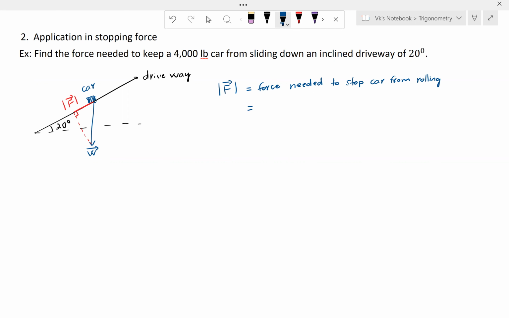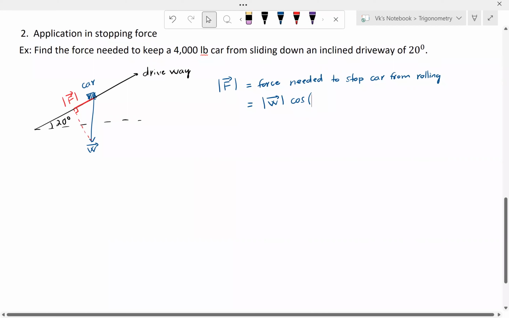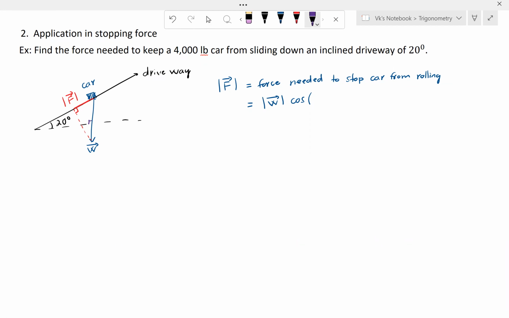And that is exactly the scalar projection of W onto the driveway, which is the magnitude of W multiplied by cosine. Well, we just have to figure out the angle. Carefully look at this right triangle.